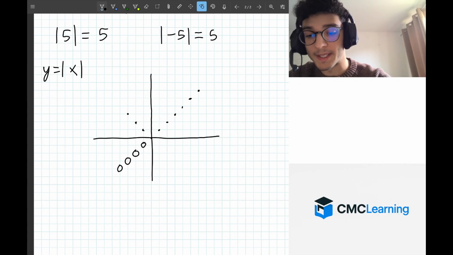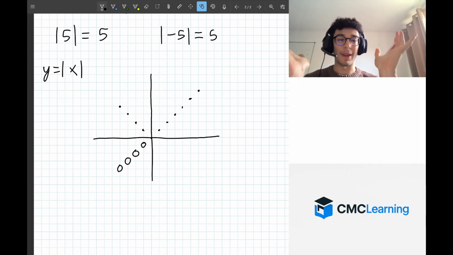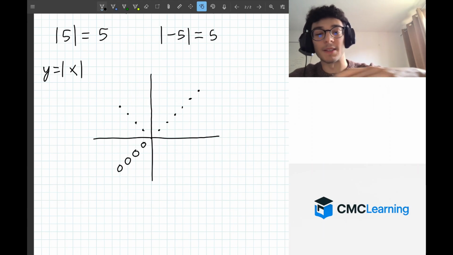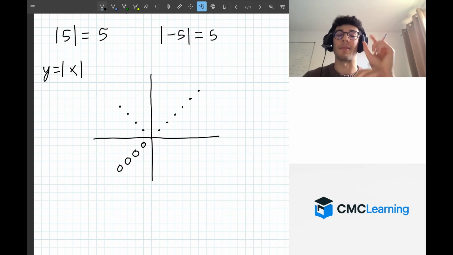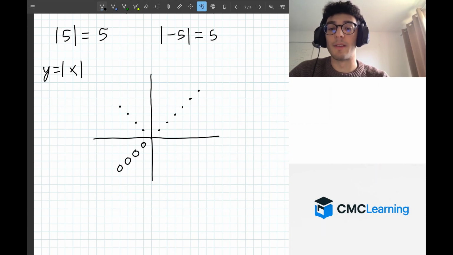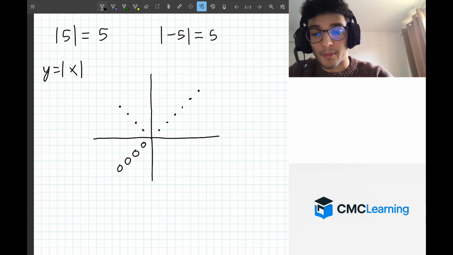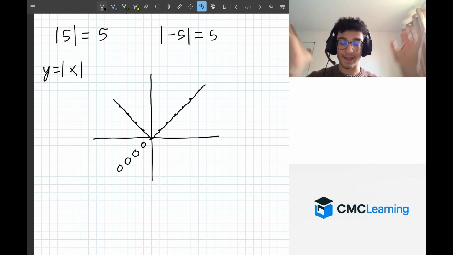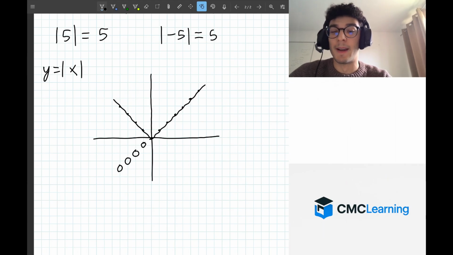And hopefully we can see some sort of pattern arising. If anything, we have some sort of reflection about this one point where the inside of our modulus function changes from positive to negative. If we were to plot this with a definitive line, it would look something like this.